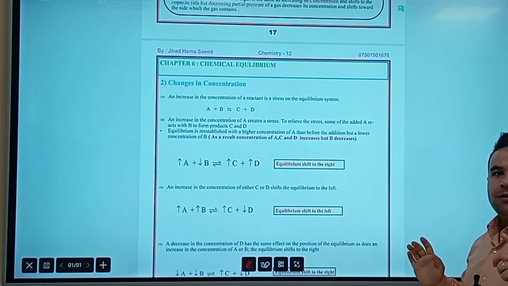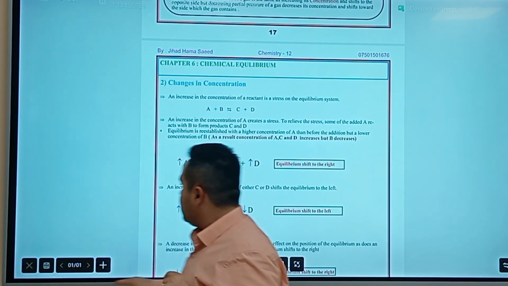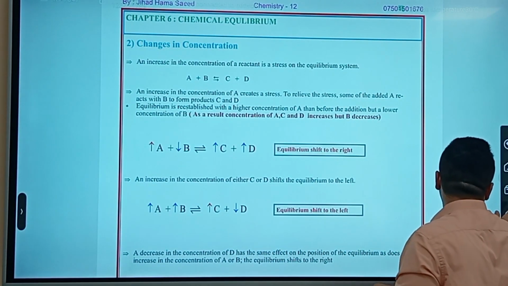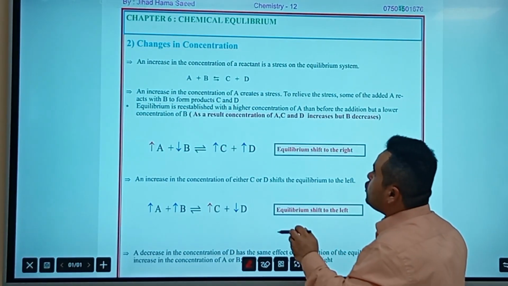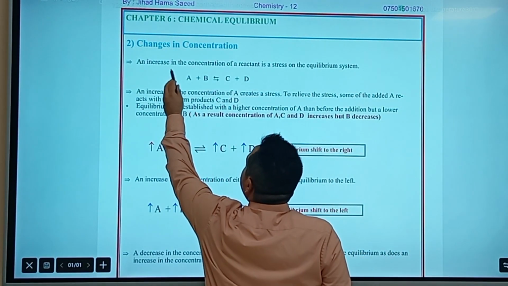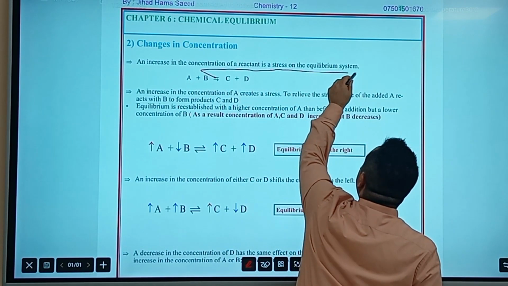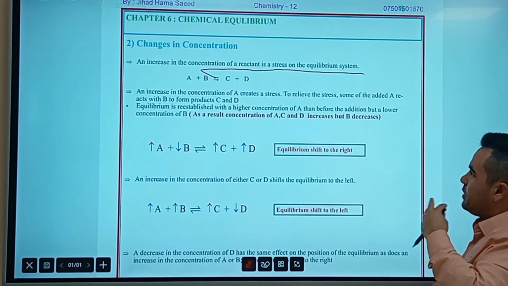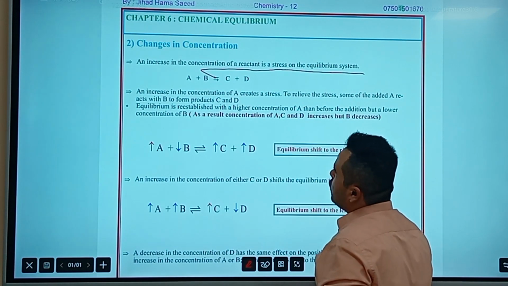The second parameter that we will be talking about in shifting equilibrium is concentration. An increase in concentration of a reactant, or a product as well, is a stress on the equilibrium system. Increasing or decreasing it will shift the equilibrium.